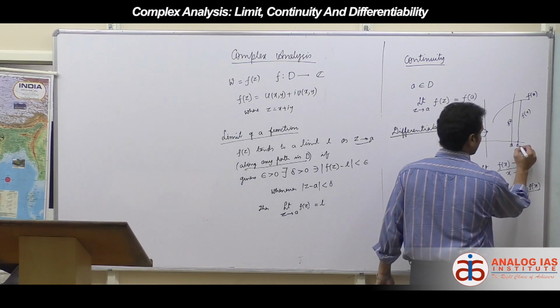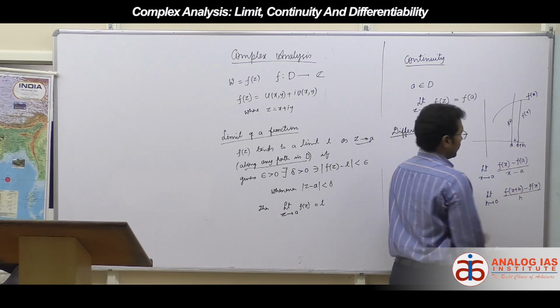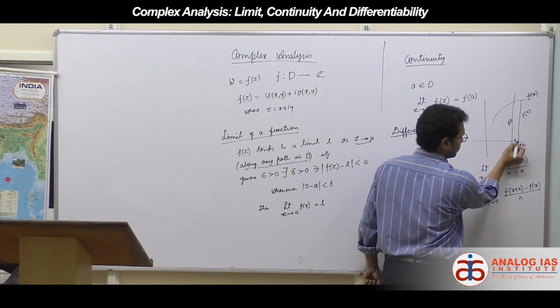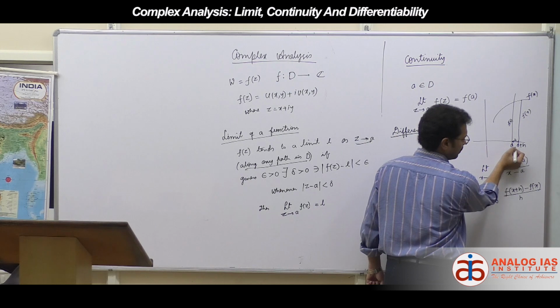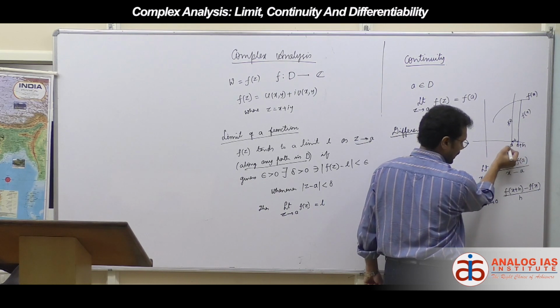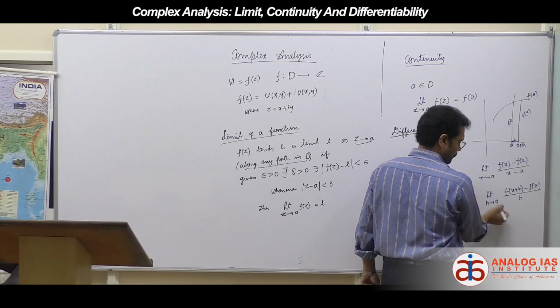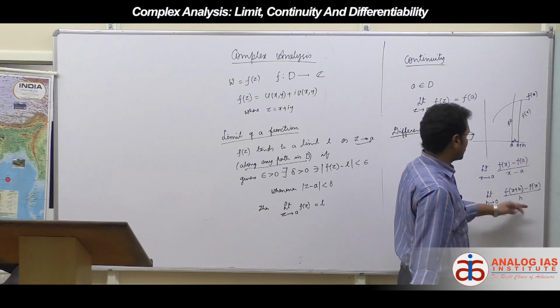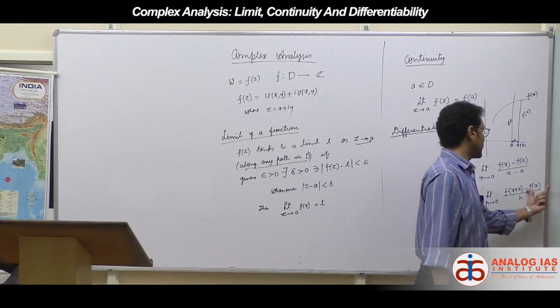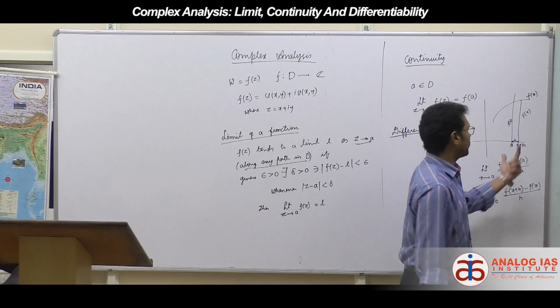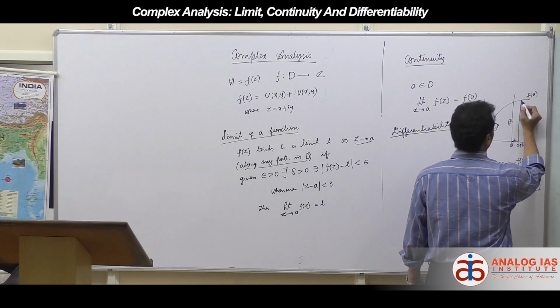If this is a plus h, from the right hand limit, if I consider x moving from a plus h towards a, it means that h is tending to 0, which means x becomes x plus h minus f of x by h, which is nothing but the slope at this point.